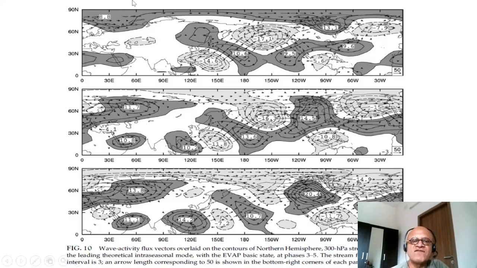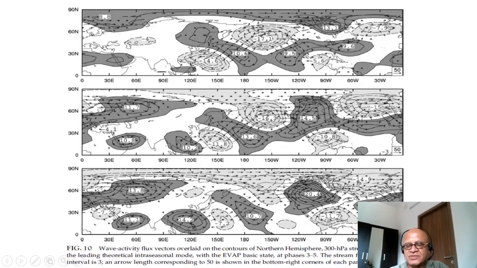And there is a wave vector defined by Takayabu and somebody else, which can be used to look at the wave activity flux overlaid on contours of northern hemisphere 300 hectopascal stream function for the leading theoretical intraseasonal mode with the evaporation-wind feedback basic state. So that's basically the basic state of MJO phase 3 and 5.